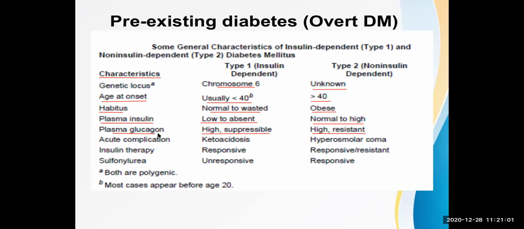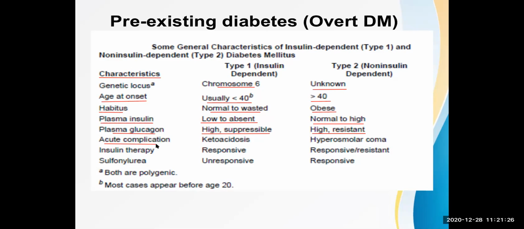Now, glucagon is the antagonist hormone for insulin. Whenever there is a higher blood sugar level because of lack of insulin, glucagon level is usually high, and that glucagon is making the blood sugar high. You understand like that. So in both conditions, the glucagon level is high.